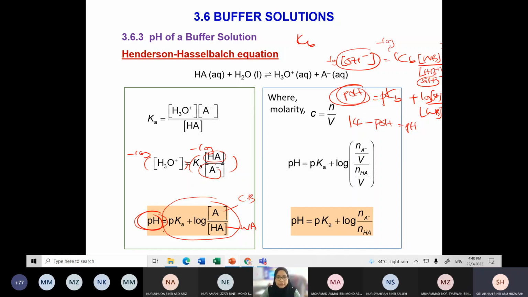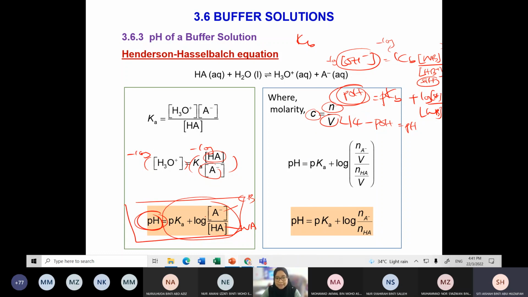Okay, alright. So this is the equation that you will be using for buffer. Just to highlight here, for the molarity, we know that the formula of molarity is concentration equal to mole over volume in liter, right? So this is the formula of molarity.